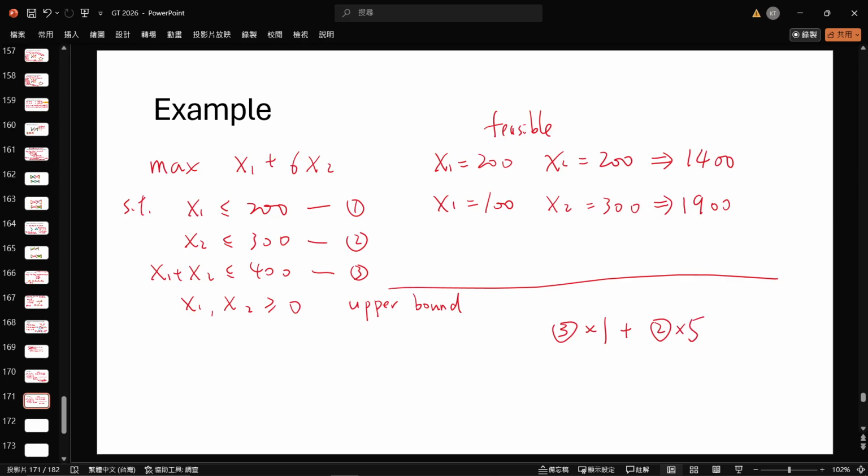So let's find out the combination. I have x1 plus x2, which is at most 400, and then I have 5 copies of constraint 2, so 5x2 is at most 1500. And then I just add these 2 constraints.